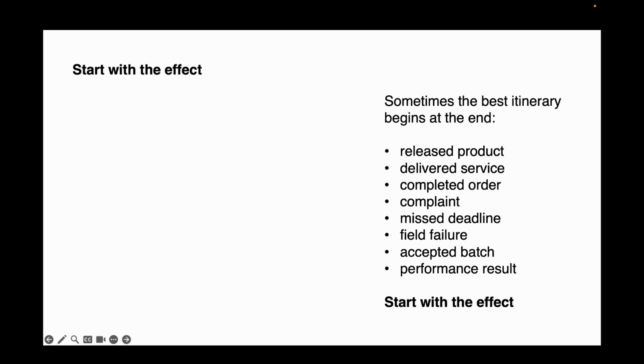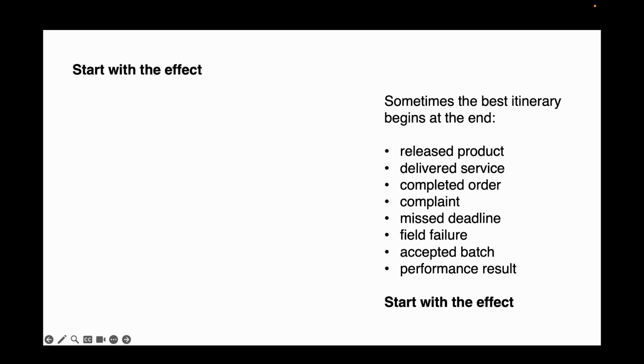It may begin with the released product, the delivered service, the completed order, the complaint, the missed deadline, the field failure, the accepted batch, or the performance result. Why? Because the effect gives the auditor something real to anchor the audit to. Instead of beginning with description, the auditor begins with reality.